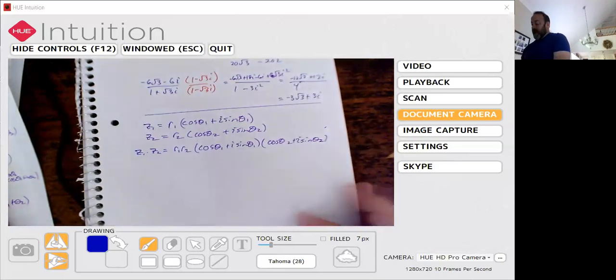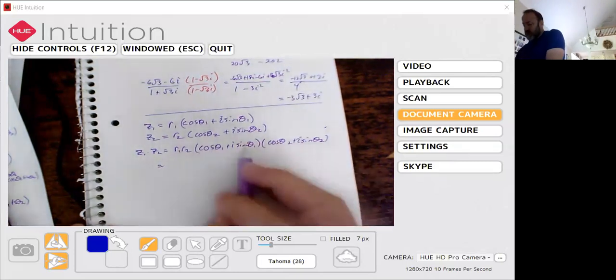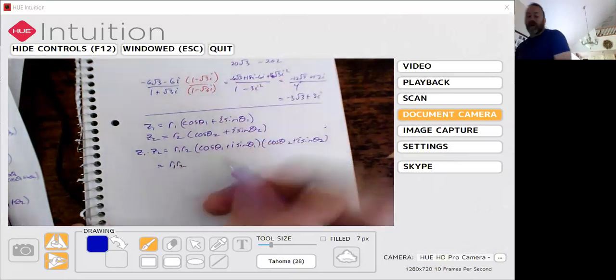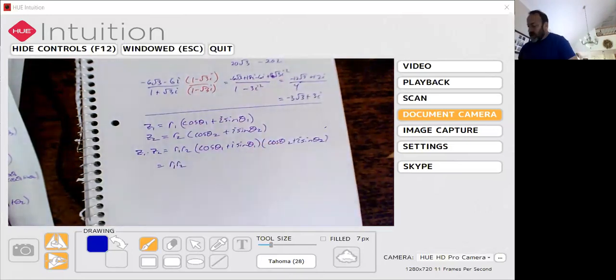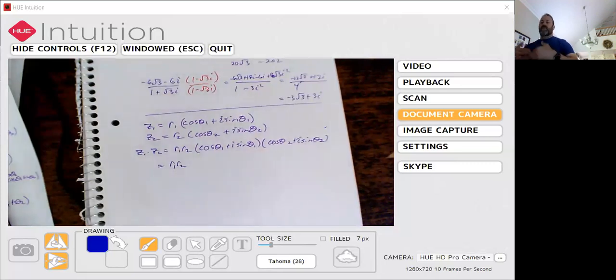Now that looks pretty bad, and it's kind of worse because now I have to distribute this just like I did in these problems up here. R1 and R2 weren't that hard to deal with, so let's see what happens. When you start multiplying this out, some portions are going to be real and some are going to be imaginary, so I'm going to rearrange as I go to save us some time.